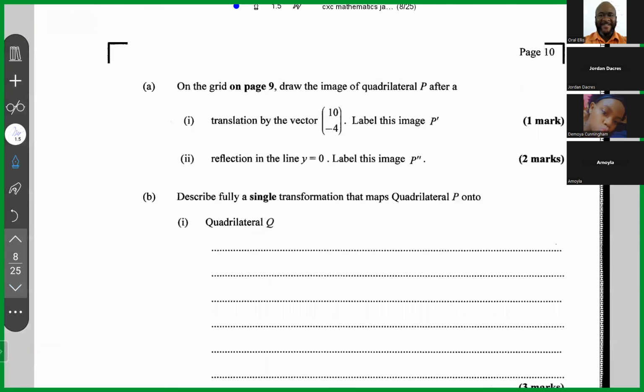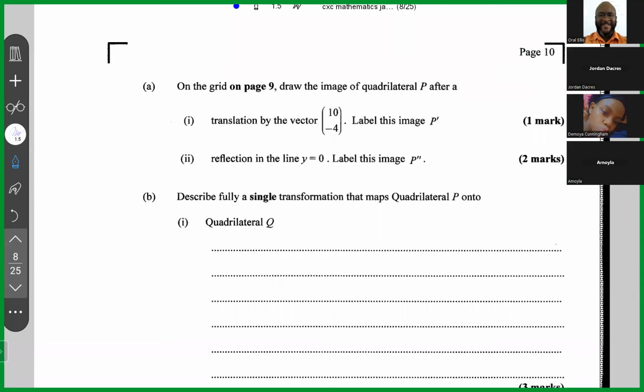Question A says, on the grid on page 9, draw the image of quadrilateral P after a translation by the vector (10, -4).